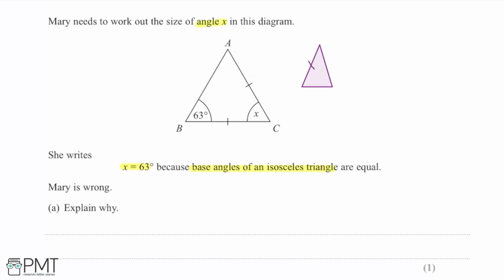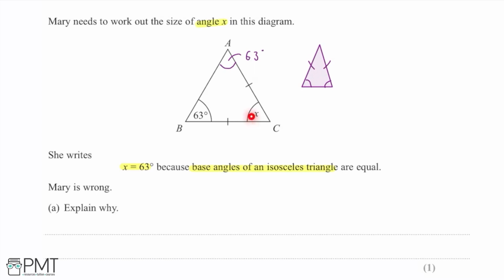and these two lengths are equal, the base angles here are going to be these two angles. Now this triangle that we're working with is kind of rotated here. So in actual fact, the base angles of this triangle are going to be this angle and this angle here, which are both equal and they're going to be 63 degrees.